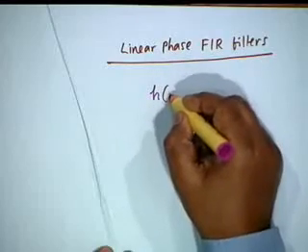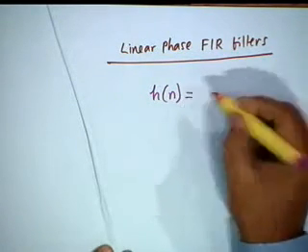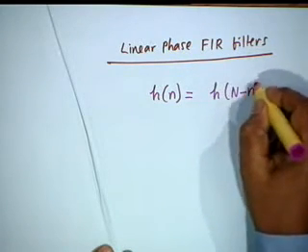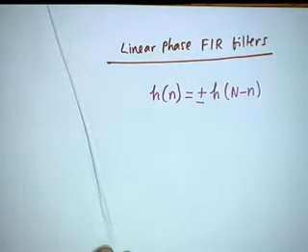And we shall show that linear phase FIR filter must obey symmetry or anti-symmetry of impulse response. That is, h(n) must be equal to ±h(N−n) for linear phase.